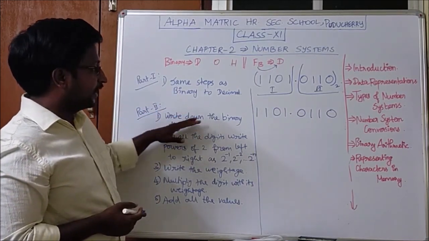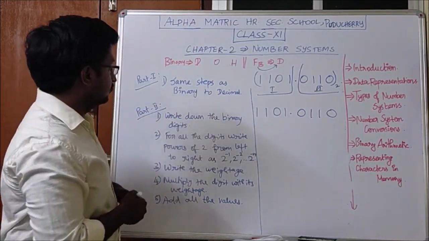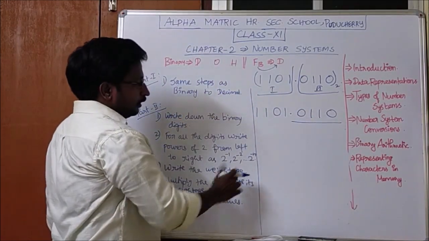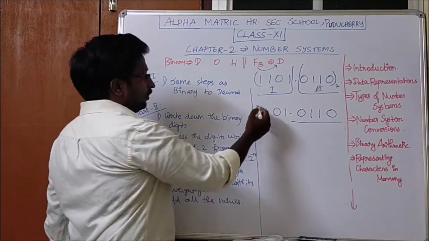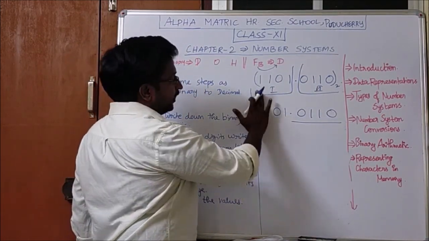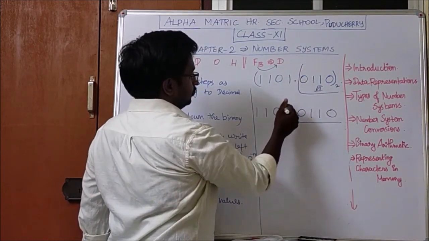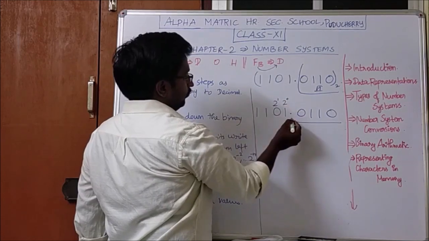So same as before, write down the binary digits. We have written down the binary digits. These steps are applicable for the fractional part. This is normal, as in binary to decimal conversion. So here we first write the powers of 2 from right to left.